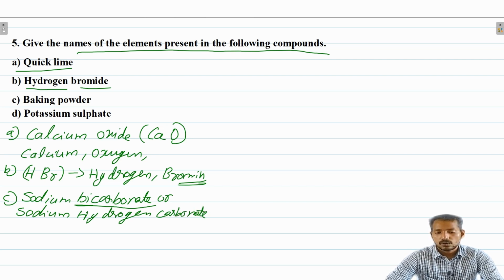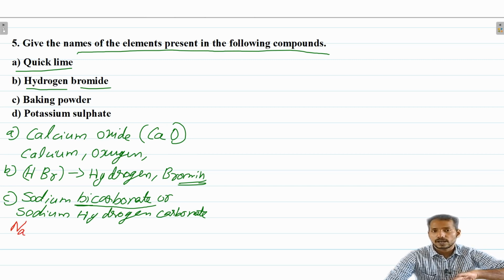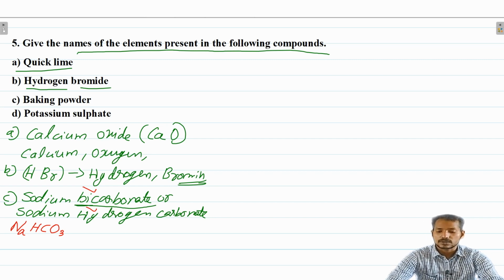So, what is sodium? The chemical formula will be Na. We have already discussed the symbol of hydrogen carbonate in the last section, that is HCO3. So, hydrogen carbonate is also named as bicarbonate. Remember that.